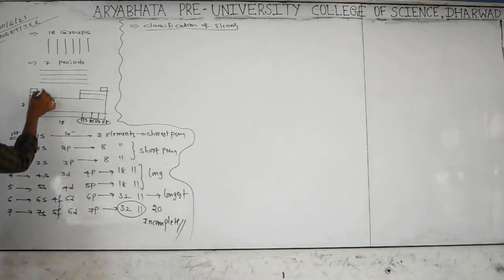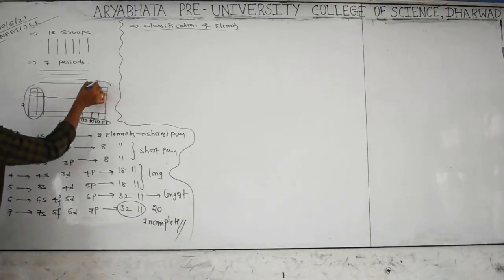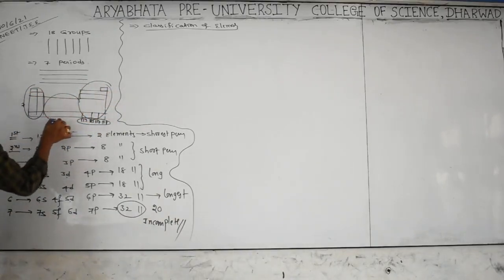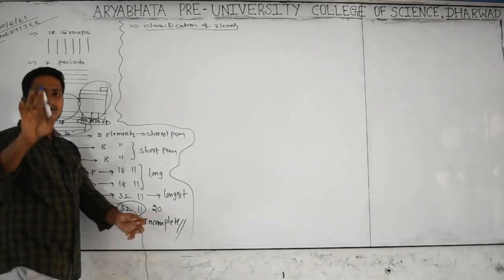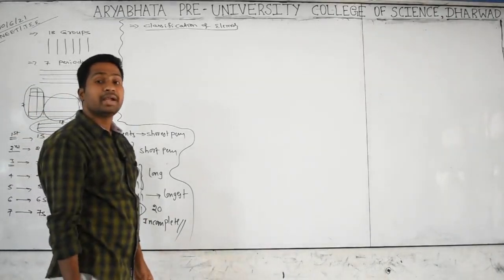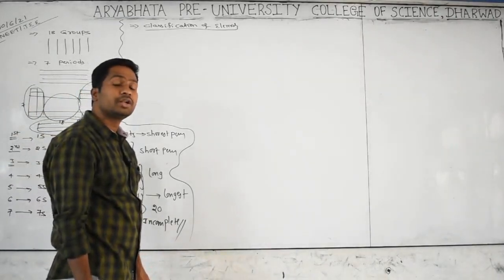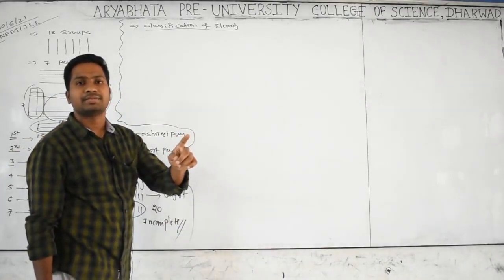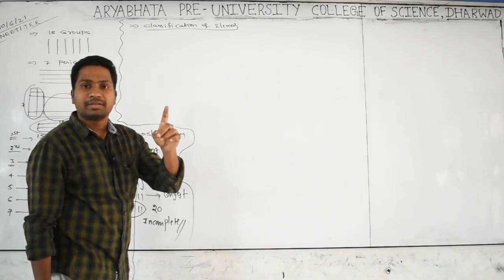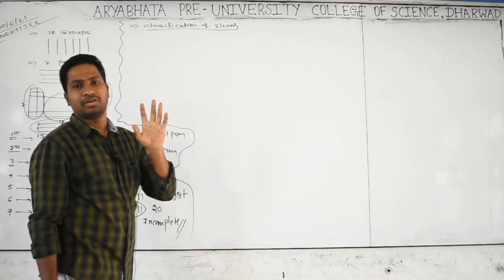This is one block, this is another block, this is the third block. At the bottom we have one more block. The total periodic table is divided into 4 blocks based on the entry of the last electron in a particular orbital. The last electron is called by different names, such as valence electron or differentiating electron.